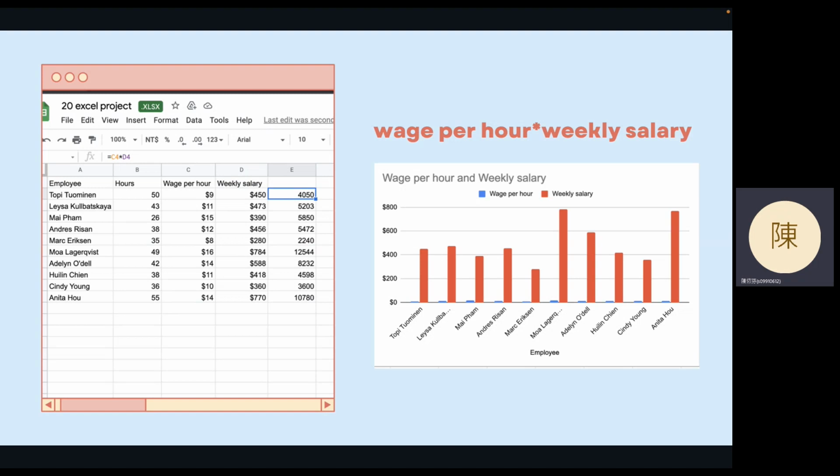Even if there are a million employees, you can simply select the cell which has the formula, use the keystroke combination Control C to copy the formula, then select the range, and use Control V, so we don't have to enter the formula one by one.